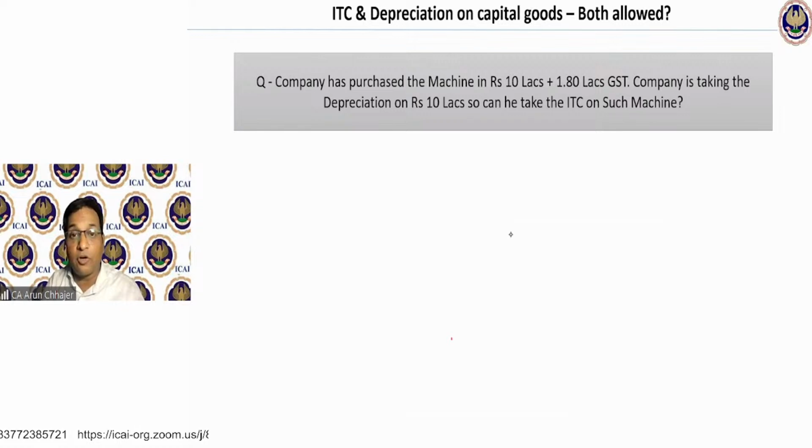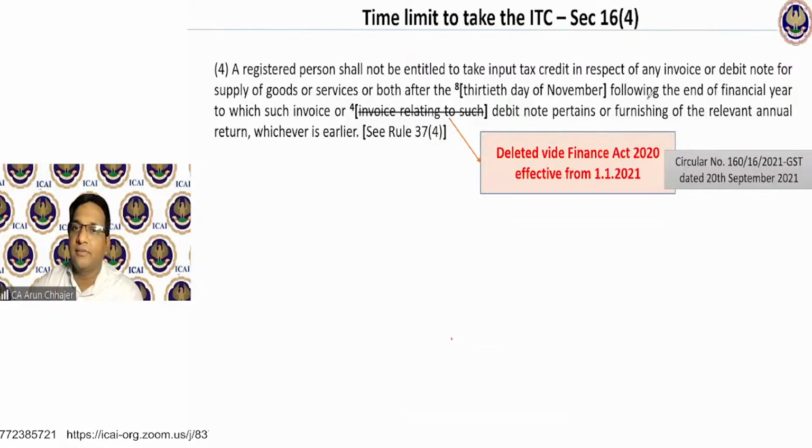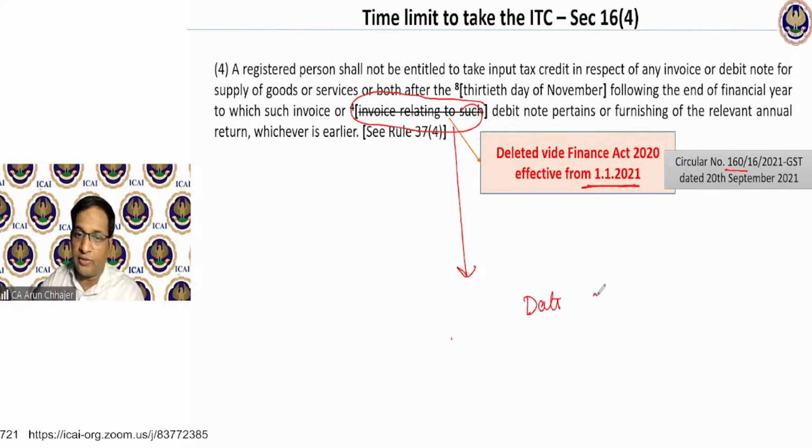Why yes? Because they have removed the words "invoice relating to such". Earlier, there was a requirement of linking, which has been clarified in Circular 160. After this date, the date of the debit note will be considered for taking the input tax credit.